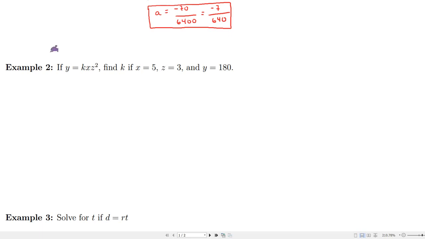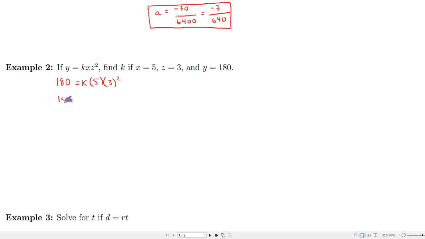All right, so let's look at this example here. Here we have another formula. We have y, k, x, and z here, and we're going to try to solve for k, assuming that we substitute these three values. So if y is 180, we're going to solve for k, and we're going to substitute x equals 5, z is 3.